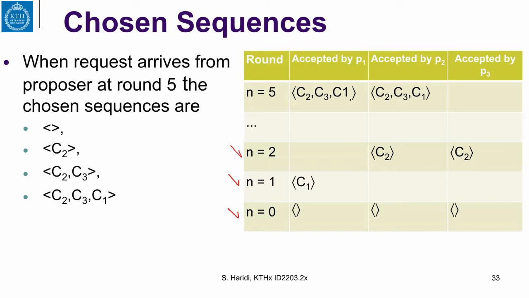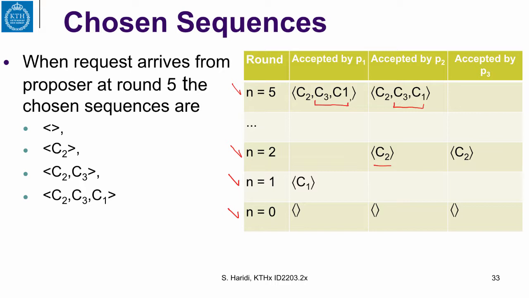So if we look here, after the sequence C2 is extended by 2 elements, we see that the longest chosen sequence at round n is C2 followed by C3 followed by C1. So what are the chosen sequences?